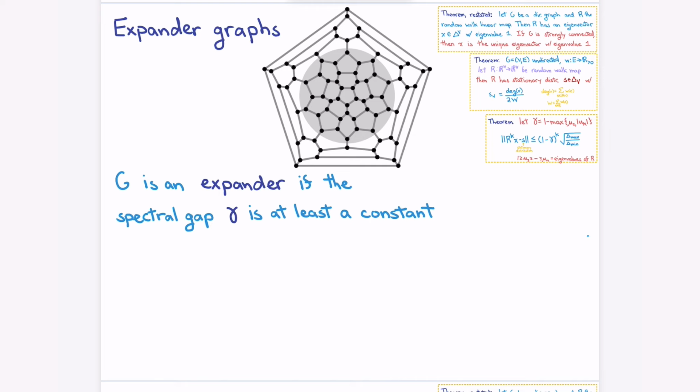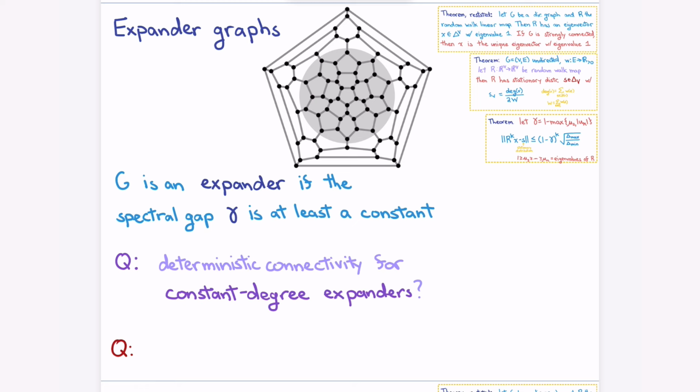So I have two questions about expander graphs for you. One, can you think of a deterministic connectivity algorithm for a constant degree expander, if you don't know this answer already?